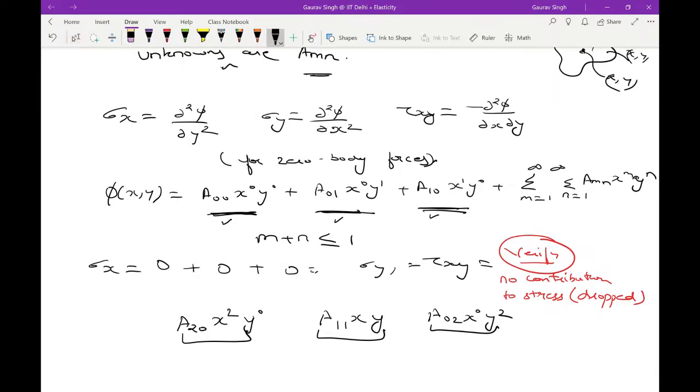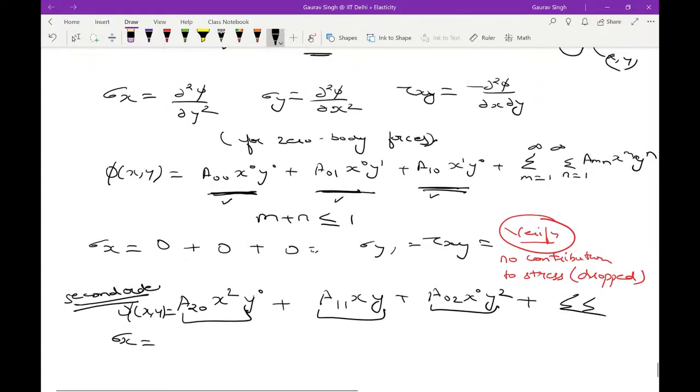Second order, let's see, sigma x is equal to, okay, so there are higher order terms, I'm just showing by high. This is phi x comma y, higher order terms. Polynomial I'm not writing, higher than basically 2.